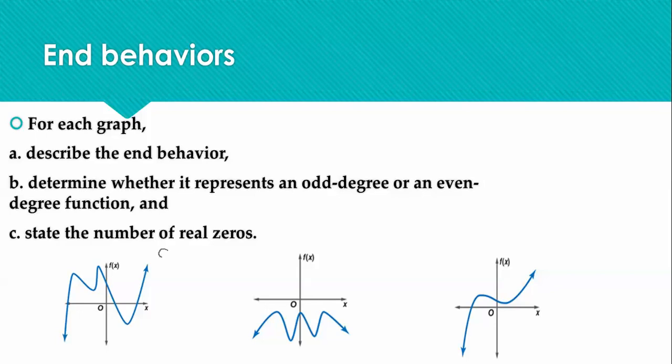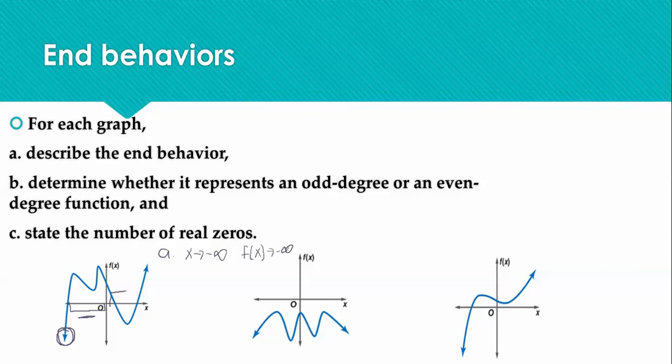So for A, we're looking at this graph. It wants us to describe the end behavior. As x goes to negative infinity, we look at the end, so f of x is also going towards negative infinity.